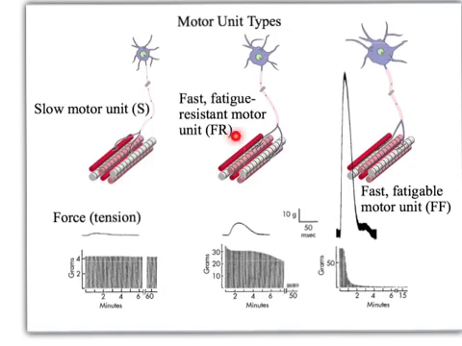Next you have FR, which is a fast fatigue resistant motor unit. So this comes on fast, and yet it maintains its amplitude for some time. Finally, you have a fast fatigable motor unit, which comes on fast, and then within seconds to minutes, it fatigues, it's tired, and becomes quiescent.